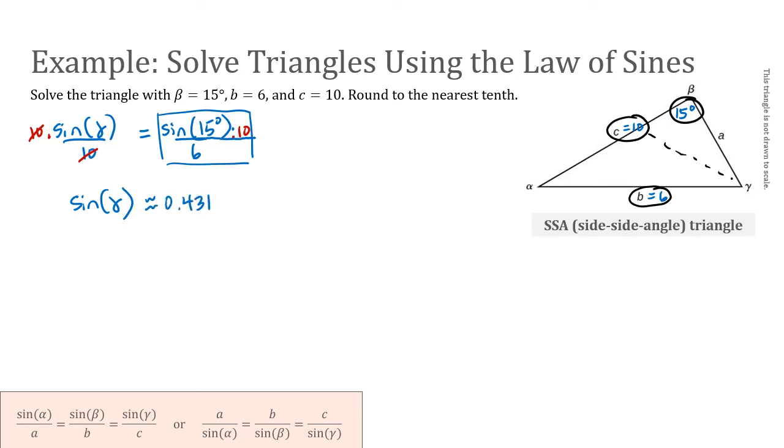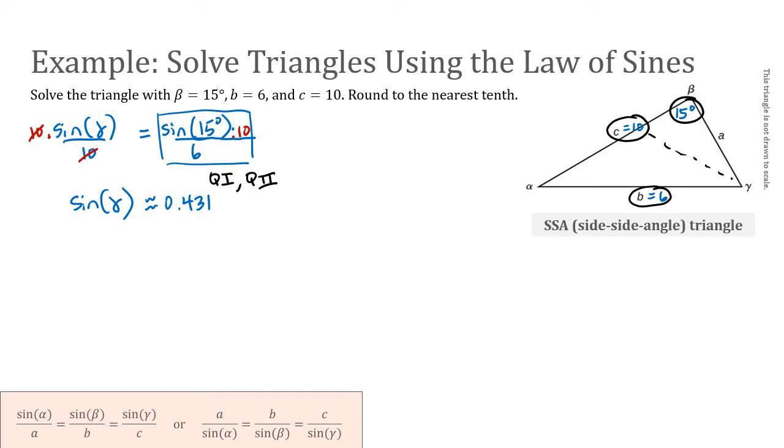0.431. And the reason I like to know that is because it gives me an indication of what that angle might be. I know that if you take the sine of an angle and you have a positive output, then that puts me in either quadrant 1 or quadrant 2. And I know how to find both of those angles. The quadrant 1 angle is going to come about by taking the inverse of each side.